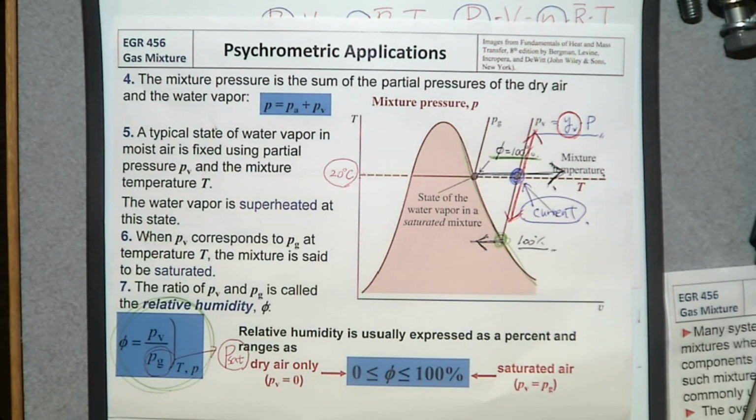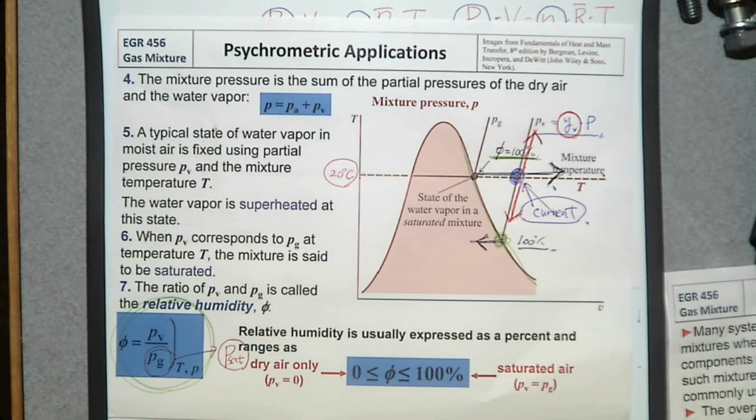So PG is when phi is 100%. That is P sat. And for PV, the partial pressure, we are going to compare the partial pressure of water vapor and the maximum partial pressure possible, which is P sat. That's how we determine the relative humidity.